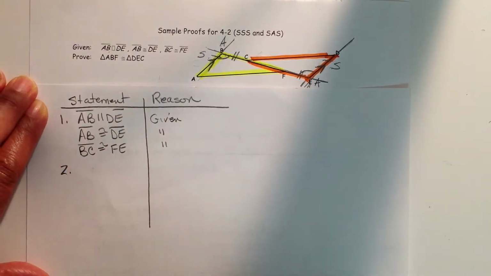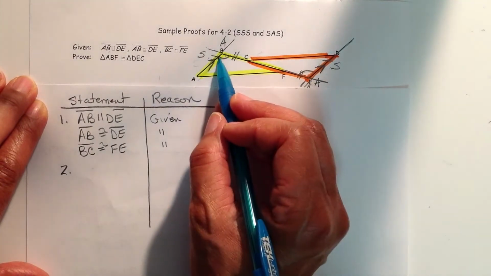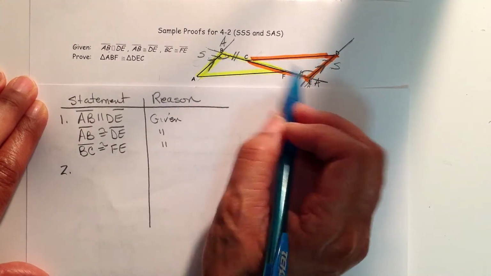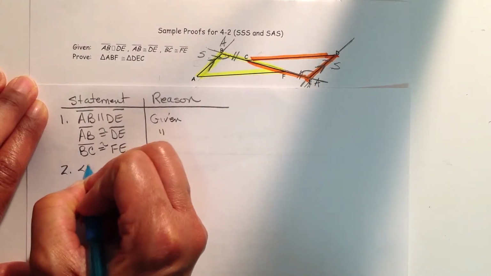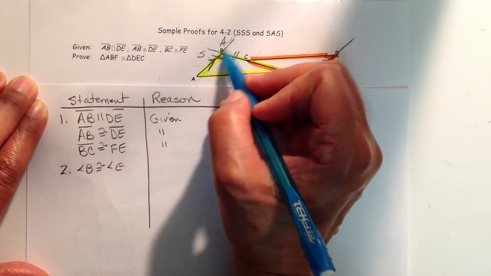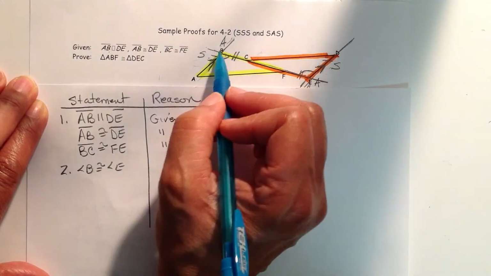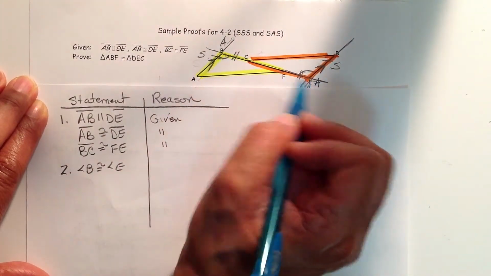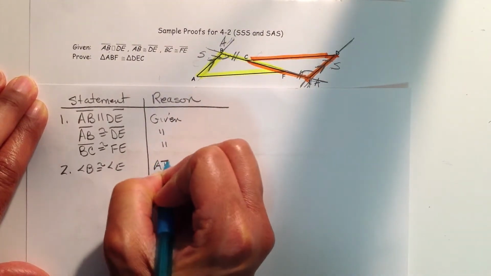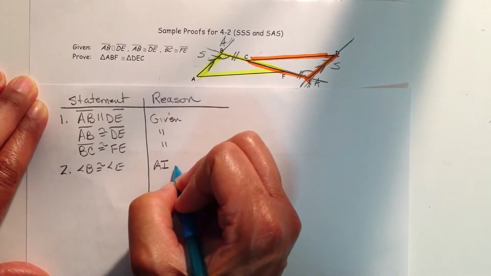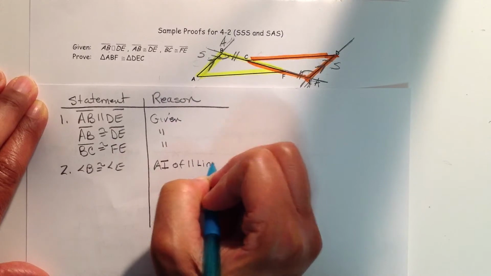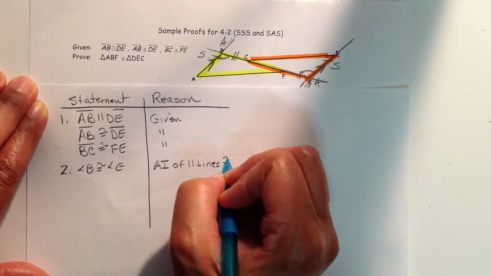Now, my second step, I'm going to go ahead with what I discussed earlier, that angle B must be congruent to angle E. Why? Because I have two parallel lines here and a transversal across them, so alternate interior angles of parallel lines are congruent.